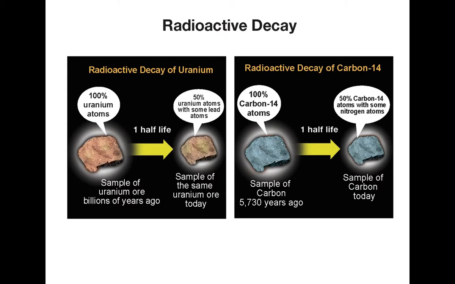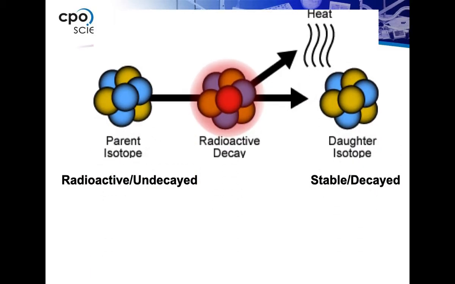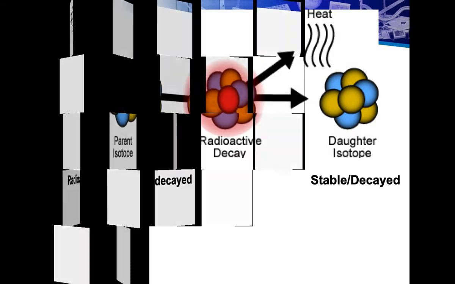Carbon-14, after it undergoes that one half-life of 5,730 years, goes from 100% carbon-14 to 50% carbon-14. Another term you'll see sometimes is parent to daughter, or radioactive to stable, or undecayed to decayed. Those are just some other terms that we think of sometimes.